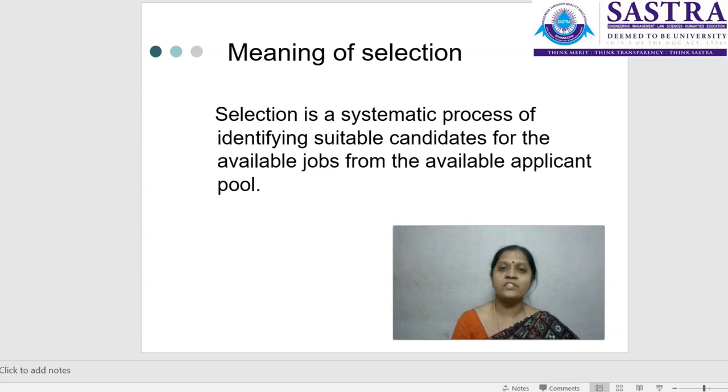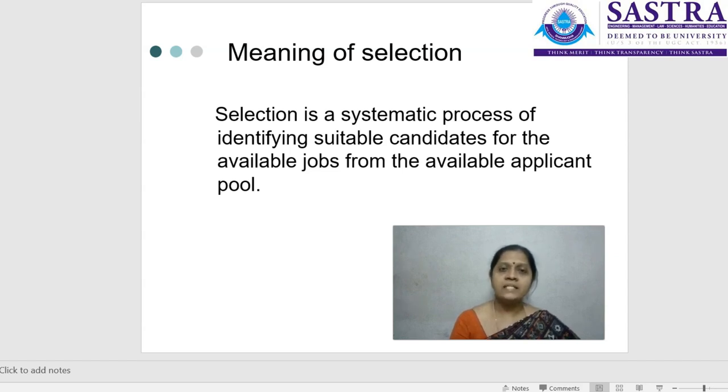So these are some of the definitions given by various persons about selection. Now we can understand what the selection process is.